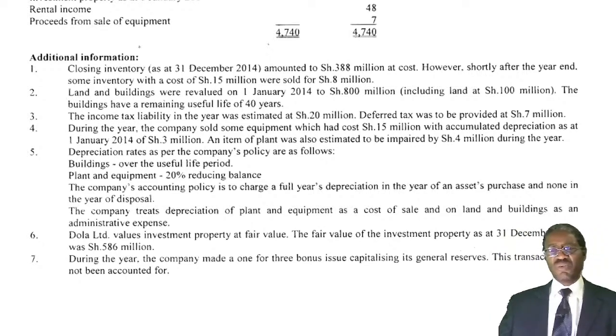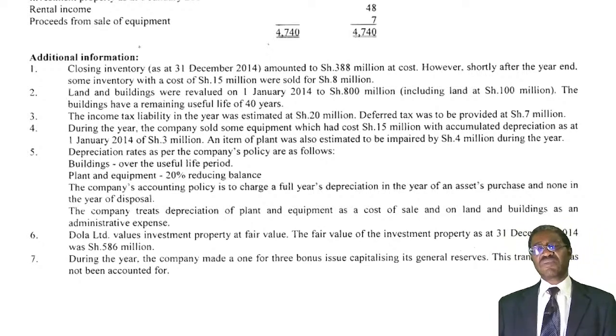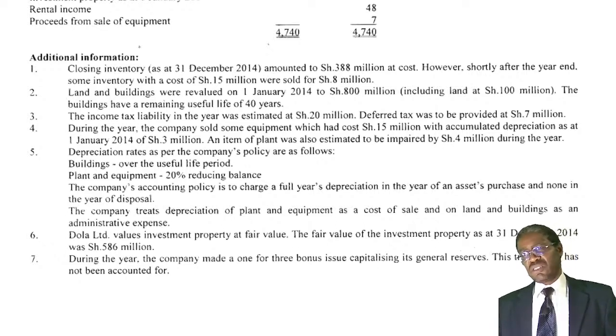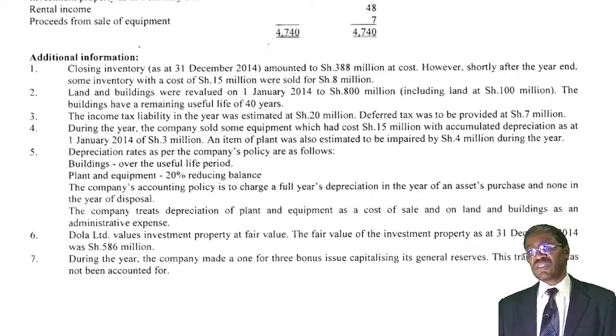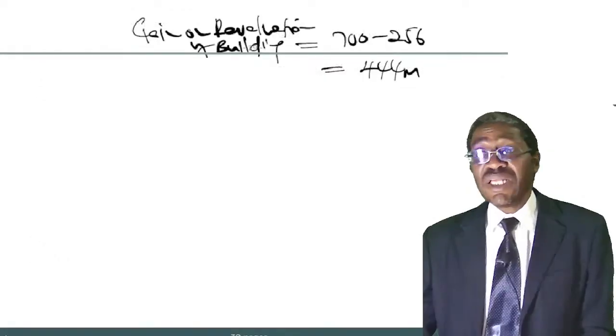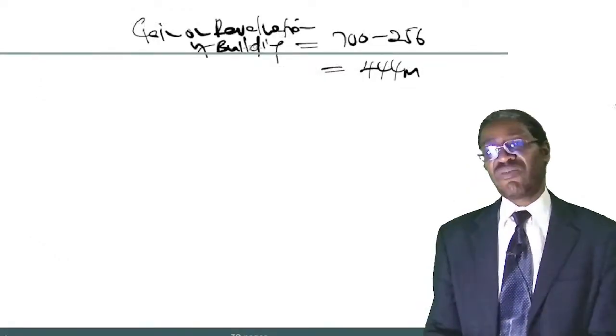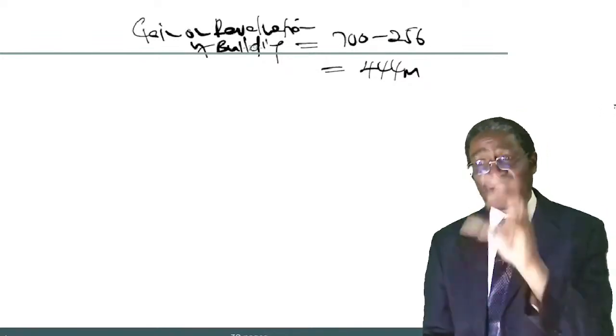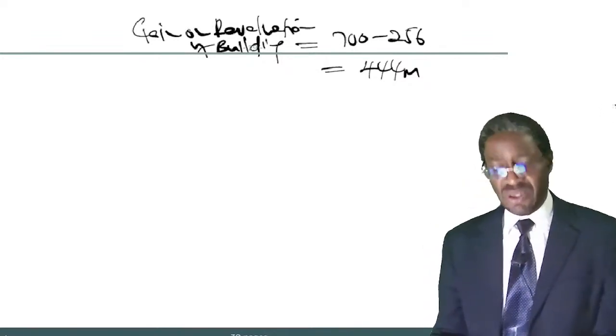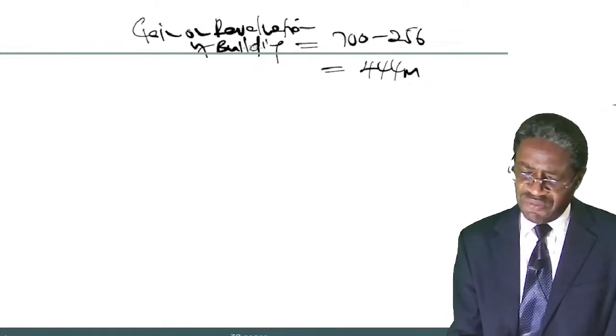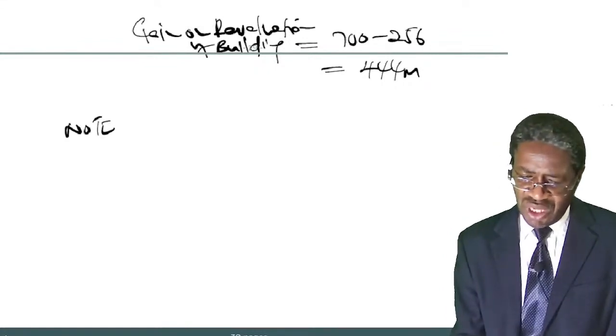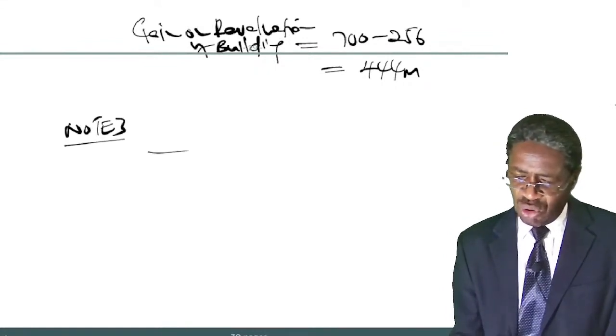Then you are told deferred tax to be provided at 7 million. In other words, you maintain the deferred tax at 7 million. So let's open the account called deferred tax.